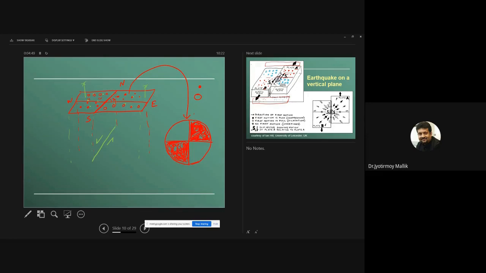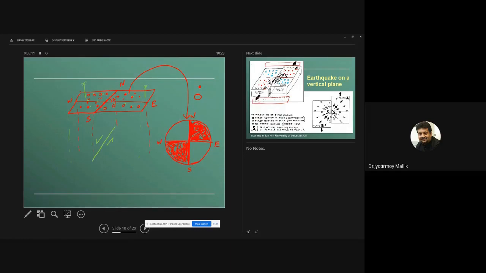Now, you see, the north-south running plane is actually my fault plane, right? If I look at the subsurface, the north-south running plane is actually my fault plane. But the east-west running plane is actually not my fault plane.